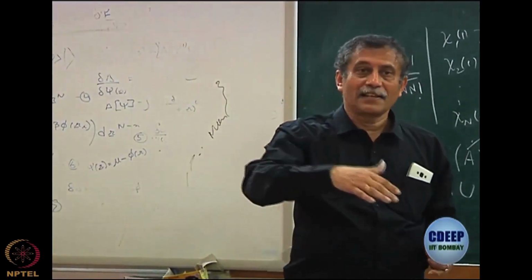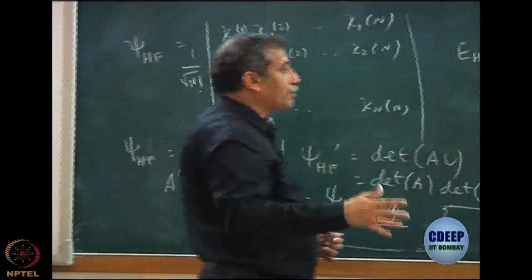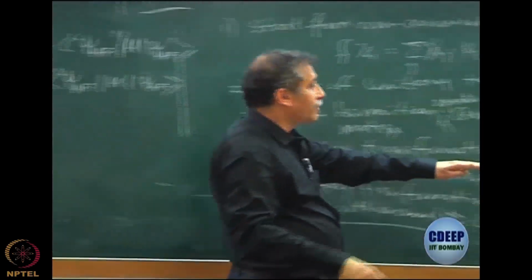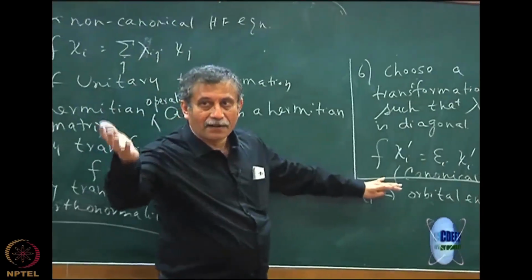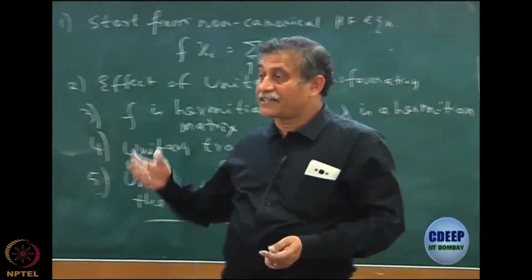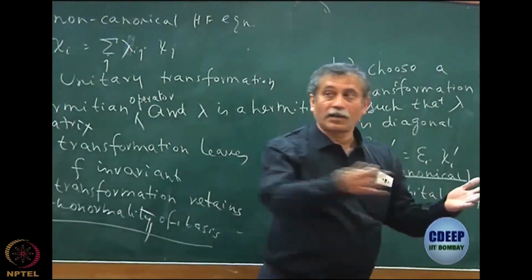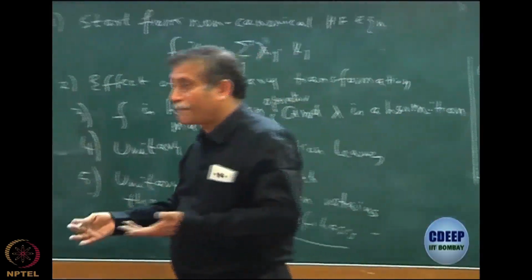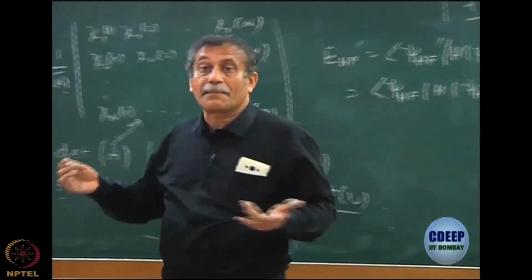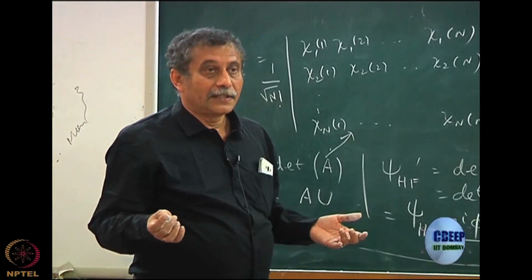So, delocalized versus localized spin orbitals. Actually, it turns out that these delocalized ones are the canonical ones. That's a later part. So all the canonical orbitals are actually delocalized. That is the reason in molecular orbital theory, when we start with these orbitals, they are all delocalized. It becomes more and more difficult to do simple chemistry sometimes. But this is the way to go forward.